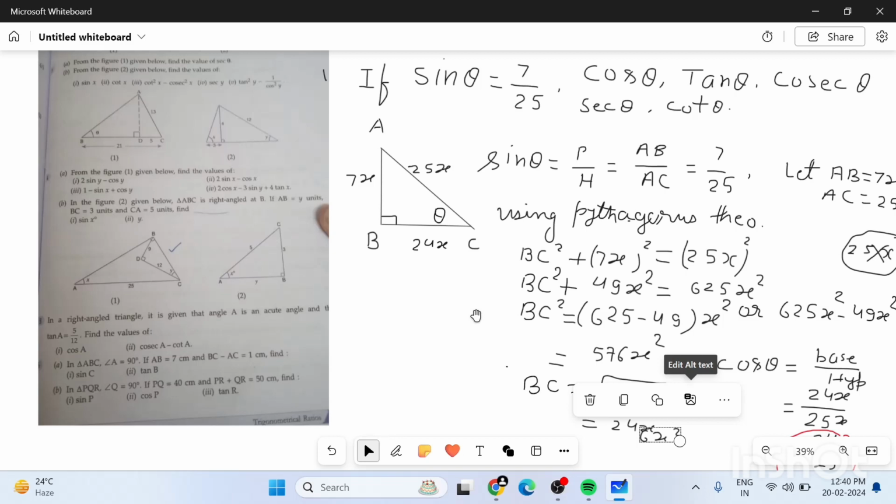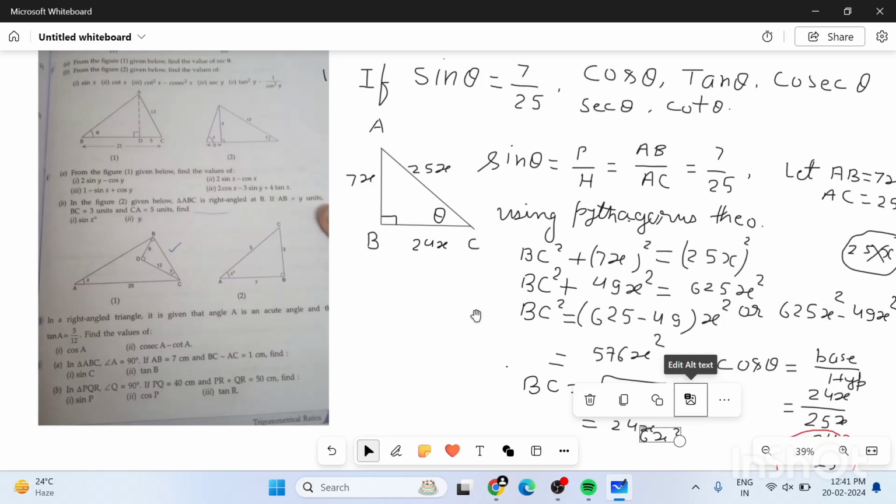Here you can see your question. Reading the question: wait for a minute. From the figure given below, find the value of sec theta.